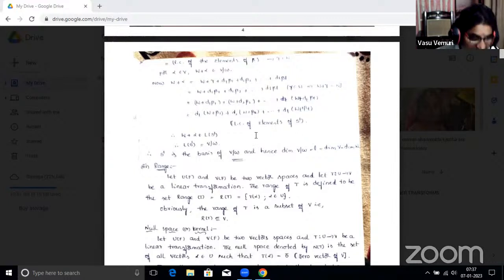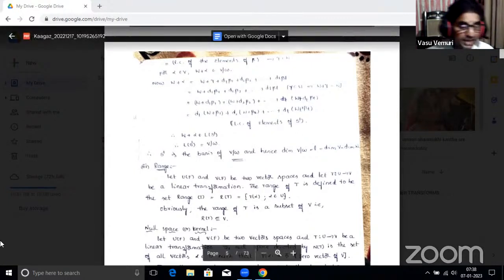Tomorrow we will explain another important dimension theorem. Dimension of W1 union W2 equals dimension W1 plus dimension W2 minus dimension of W1 intersection W2.